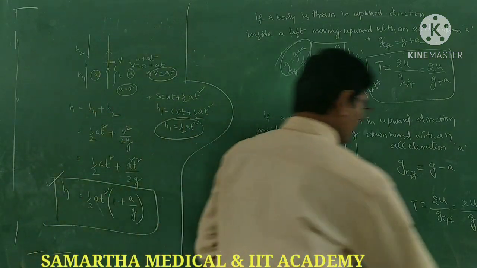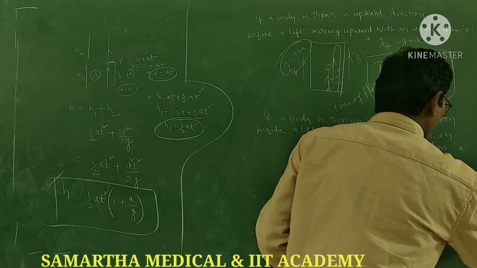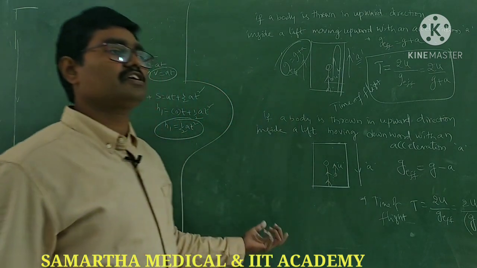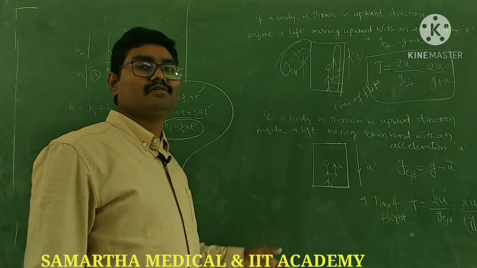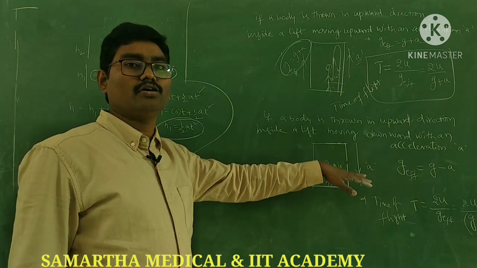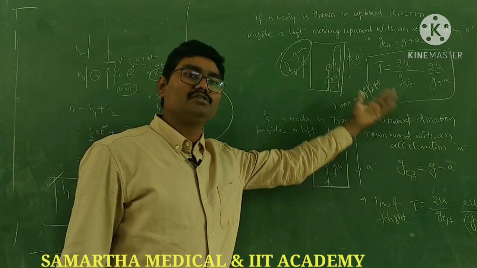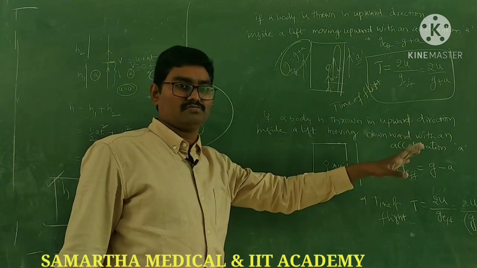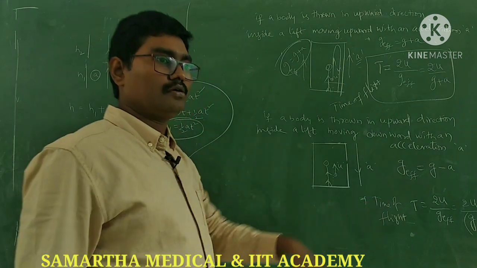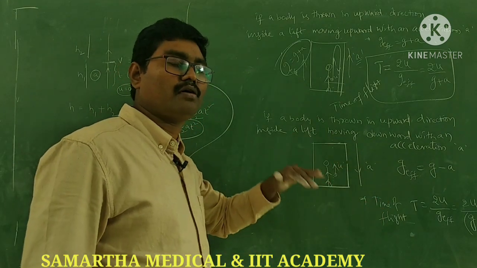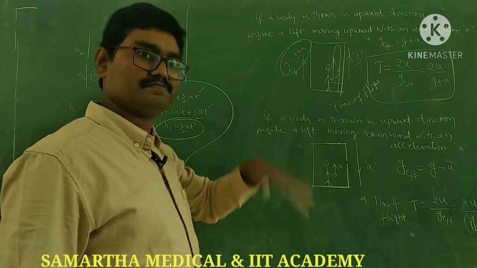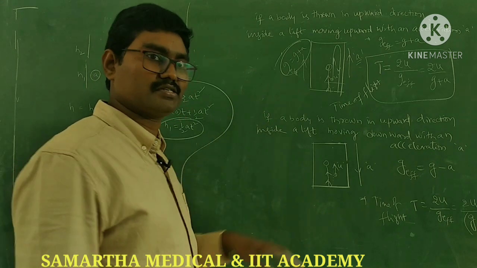Suppose the lift is moving with uniform velocity. What is the acceleration then? 0. So with any one formula you can use 2u by g plus 0, so you will get 2u by g only, since acceleration is 0 for uniform velocity or at rest, both cases.